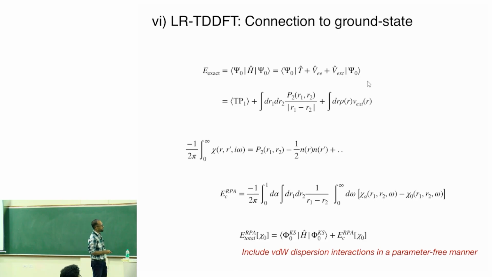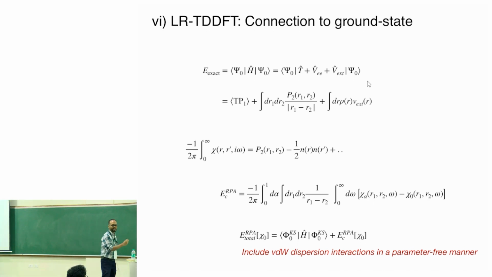The other part I want to point out is that this ECRPA, because of this line integral, actually includes both the kinetic correlation as well as the potential correlation. If I only take the two ends of this integral, it will only include the potential correlation. But because I do this line integral, it includes the kinetic correlation as well, purely evaluated in terms of the response function.